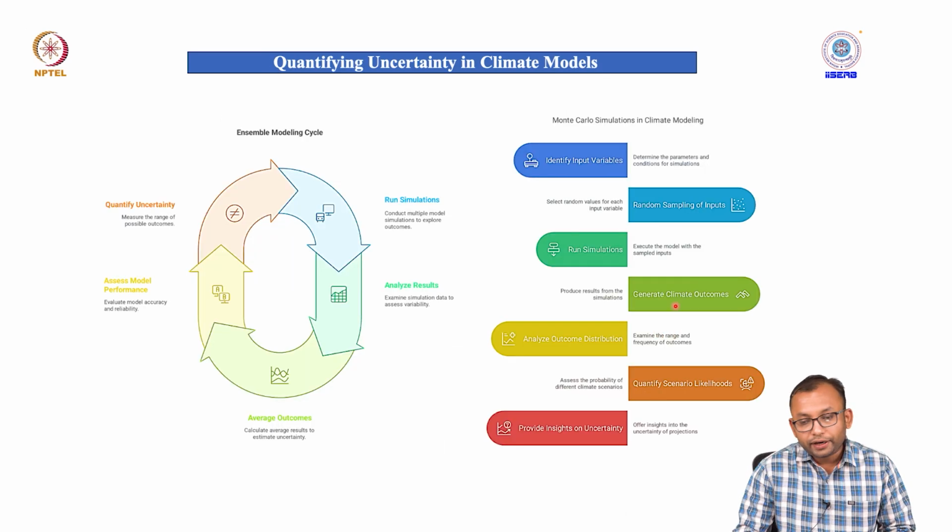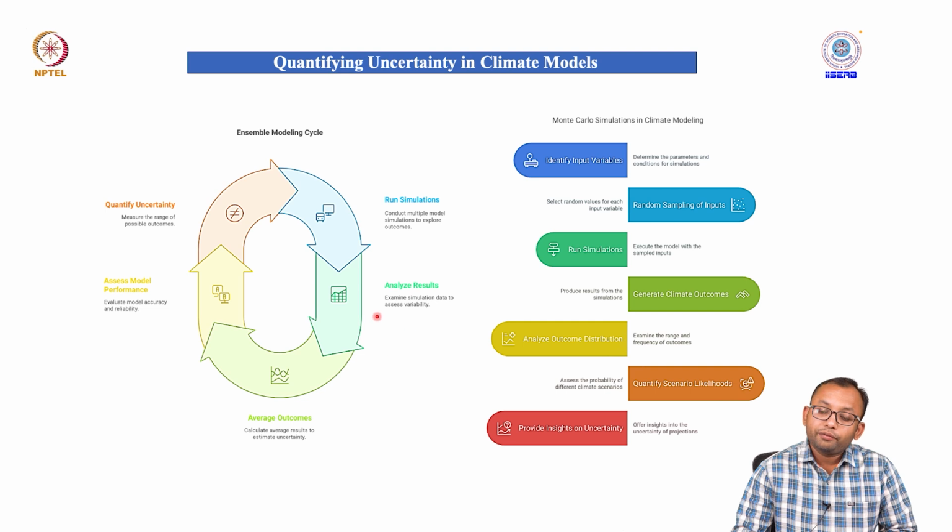How do we quantify these uncertainties in climate models? So, it is a very simple process. For example, we have to run the simulations, conduct multiple model simulations to explore the outcomes. Then we have to analyze the results. Analyzing the results means examining the simulation data to assess the variability and all.